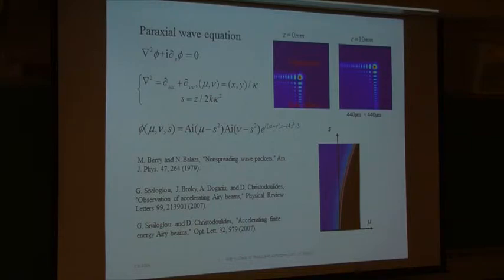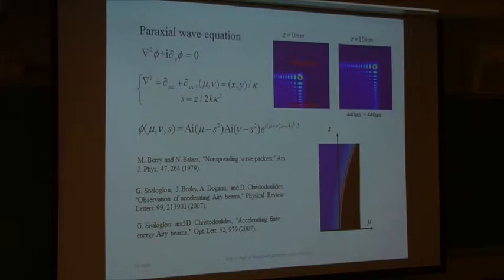The Airy beam, or Airy solution, was first discovered in a Schrödinger equation about a particle in gravity. The first paper, in 1979, discussed this Schrödinger equation, and the solution is an Airy function just like this.